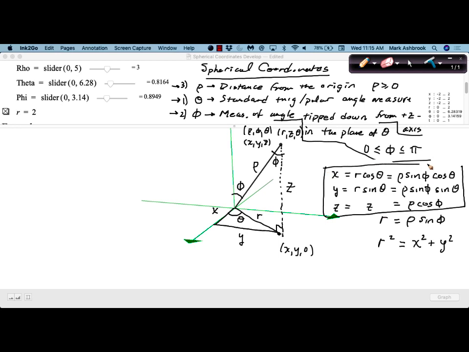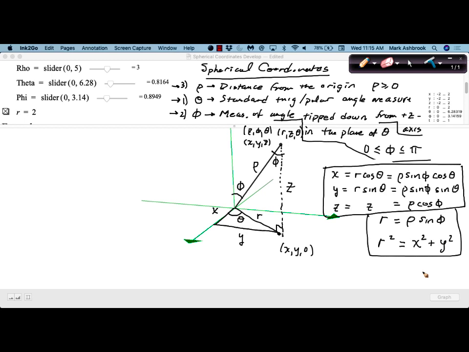Yes, these are going to be things you need to memorize, but it should make perfect sense from our picture, right? That's where these are all coming from. So I've got my x, y, z in cylindrical coordinates and in spherical coordinates, and my r in spherical and in rectangular.